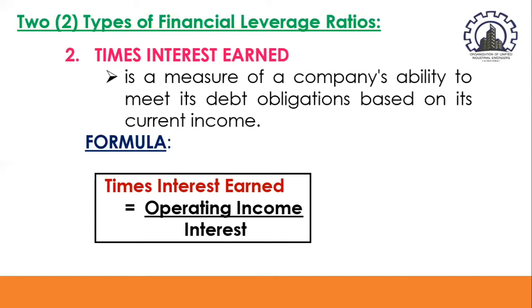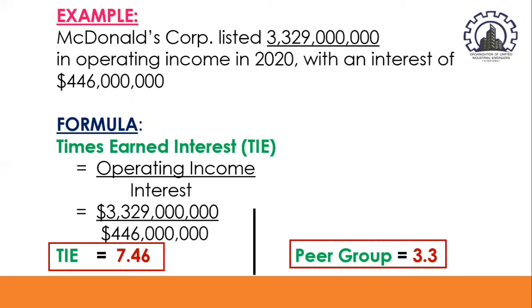So supposing McDonald's Corporation listed $3,329,000,000 in operating income in 2020 with an interest of $446 million. Now, all we need to do is to plug in the values to our formula.